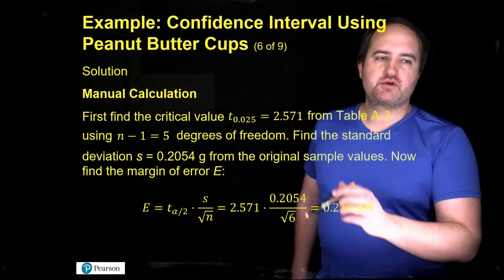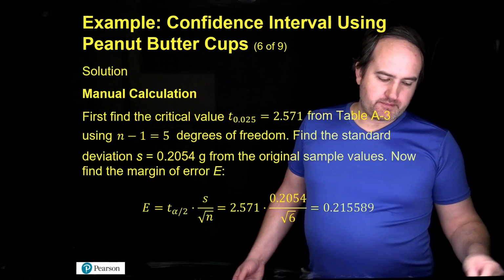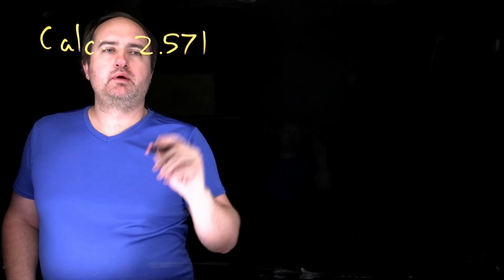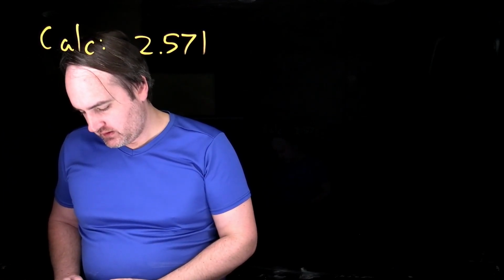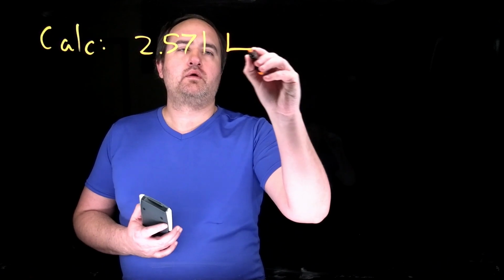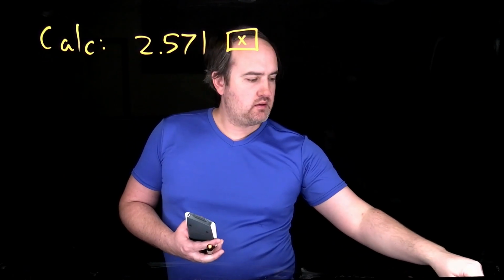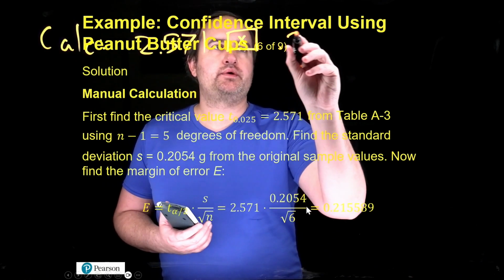Now this is pretty straightforward to type into your calculator. For example, on my calculator, I would almost just type it in directly. So it would be 2.571, and then I would press the times button, and then I would type in the numerator, which is 0.2054. So times 0.2054.